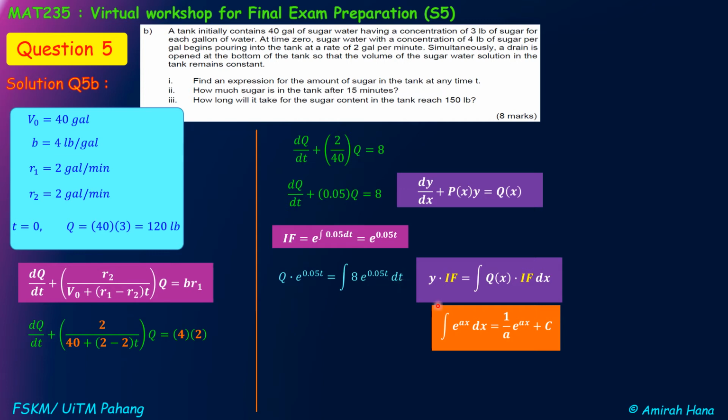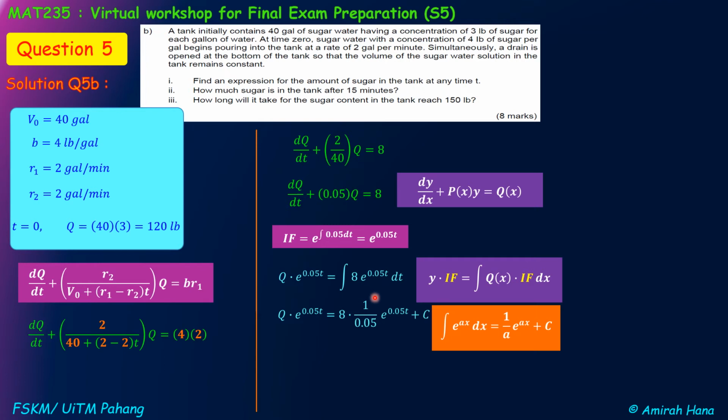0.05t dt? From the formula, integration of e to the power of ax dx, where a means constant, after we integrate we have 1 over a, and then e to the power of ax plus c. Now variable x here is t.